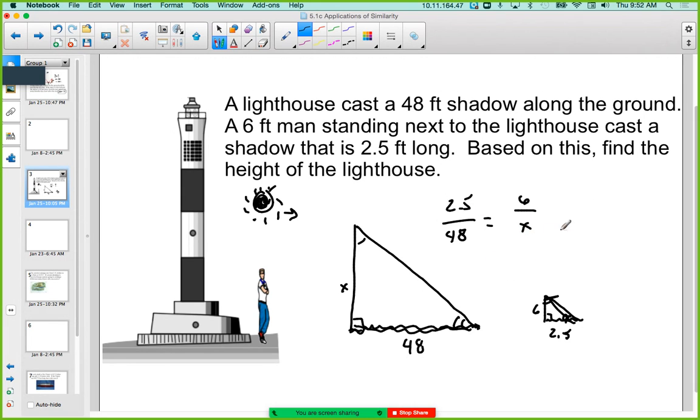Okay. 2.5 times x is 2.5x. 48 times 6. 48 times 6 is 288. If I divide both sides by 2.5, I get 115.2. Again, my final answer will be 115.2 feet.